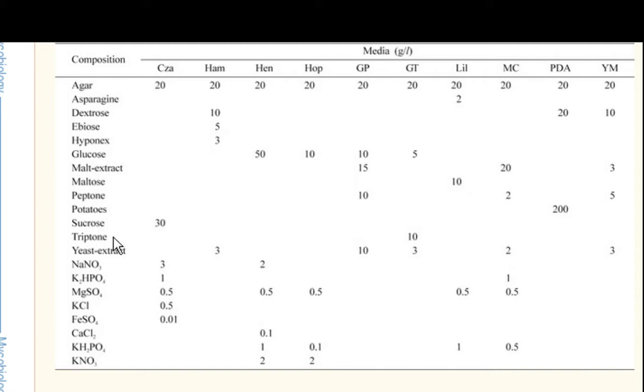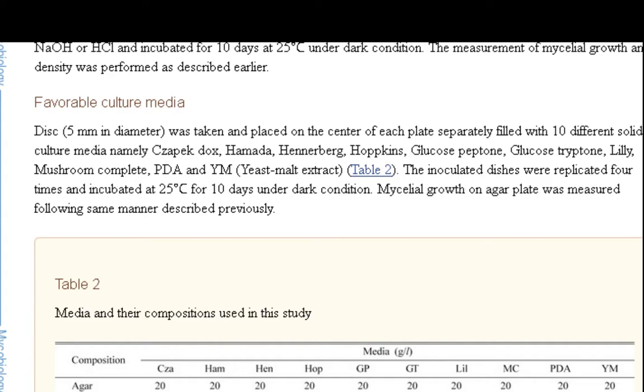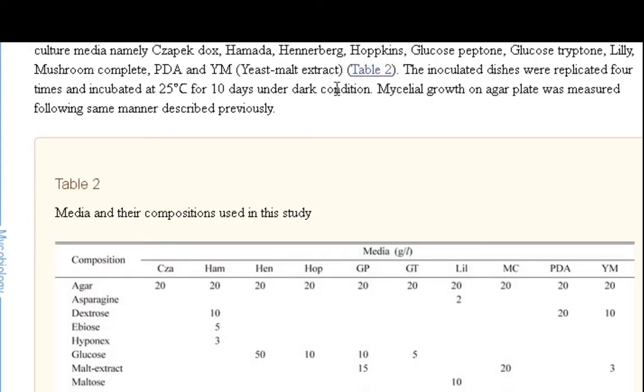Now here's one called tryptone. Agar is your base medium. And okay, here's the peptone down here. So there's the GP, the MC, and the YM. Those are the names of the types of growth media. YM is yeast malt extract.